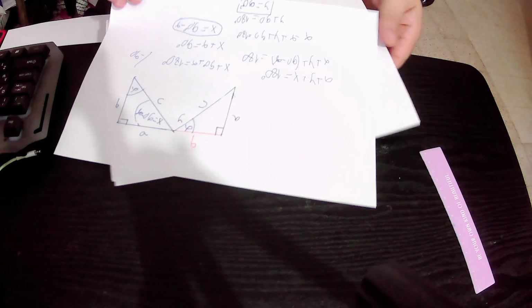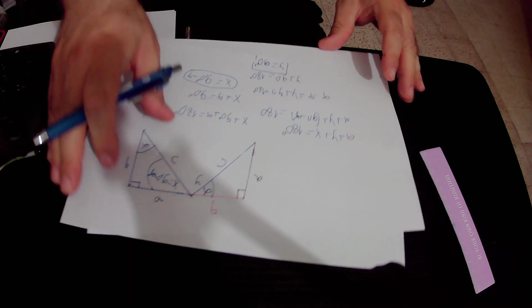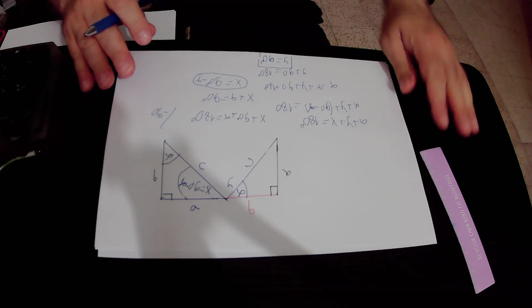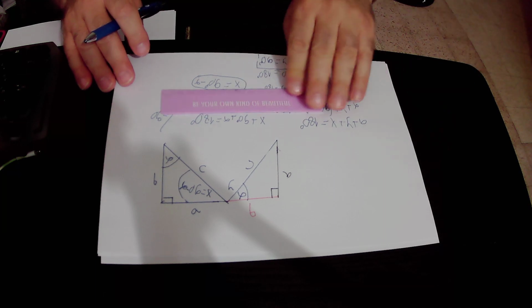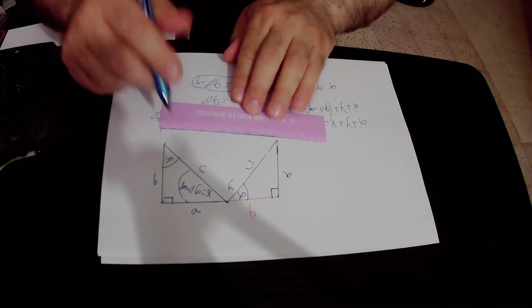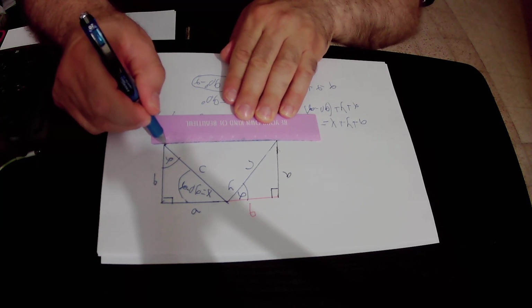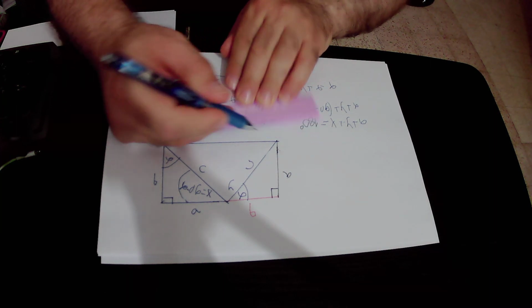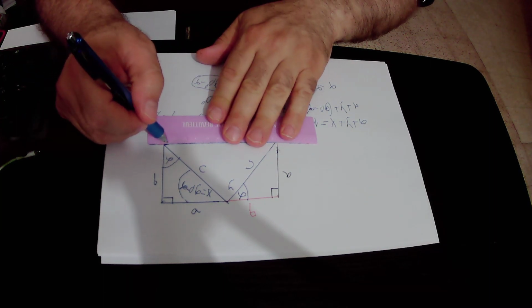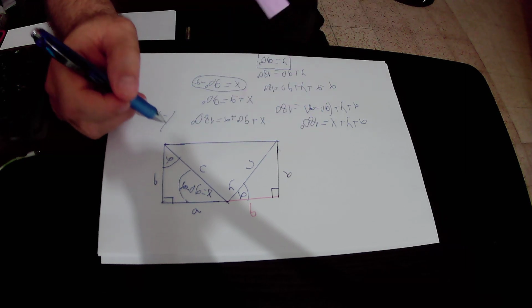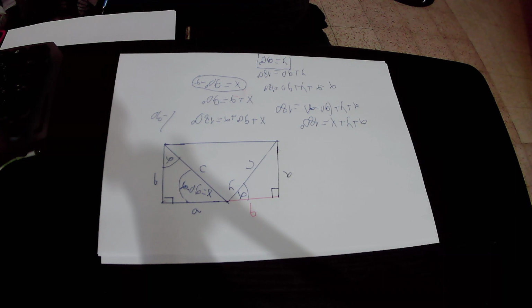Now we can actually connect to a straight line here between side B and side A. So we have here a trapeze.